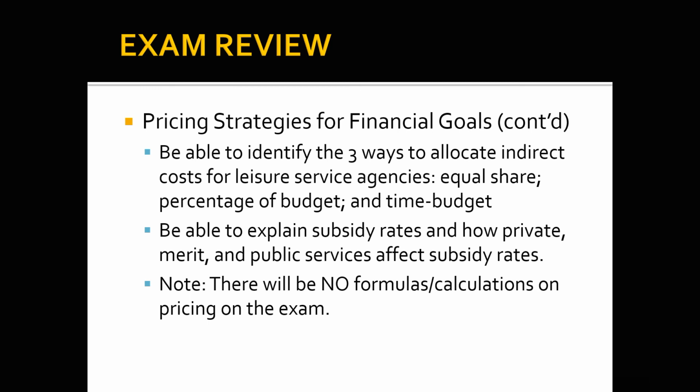So you need to specifically be able to identify the 3 ways that you might allocate indirect costs: the equal share, percentage budget, and time budget. You need to be able to explain how the subsidy rates are different between private, merit, and public services, and be able to identify that.